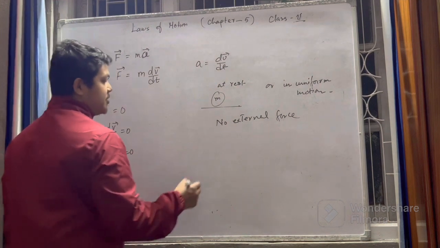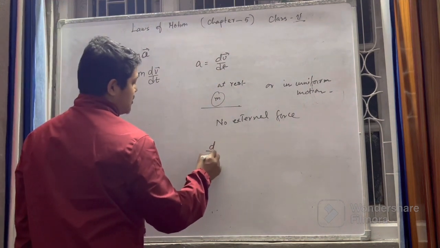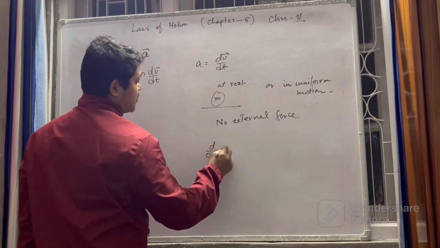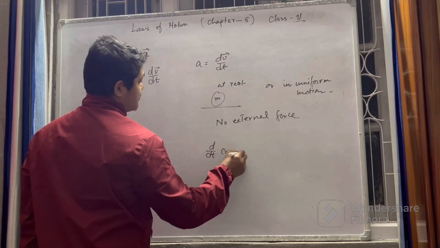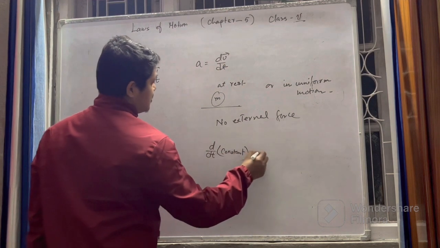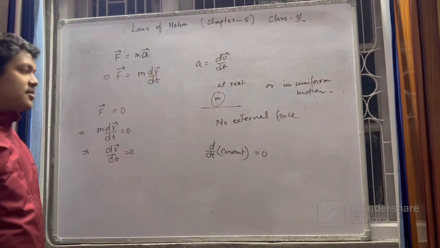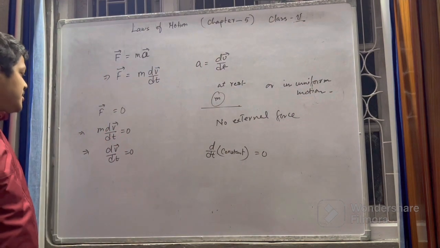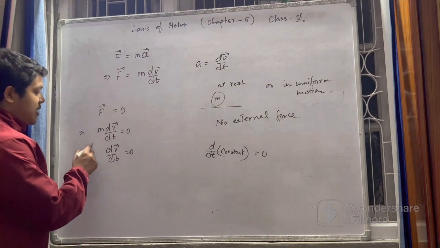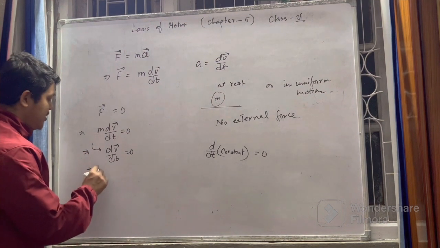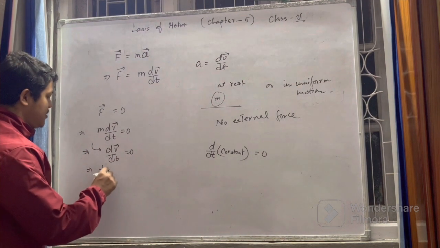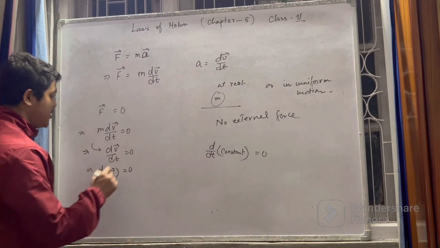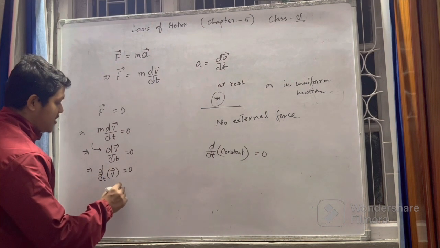So in mathematics you must have learned that the derivative of a constant is 0, right? Derivative of a constant is 0. So as we have got the derivative of v is 0, so v is constant here.